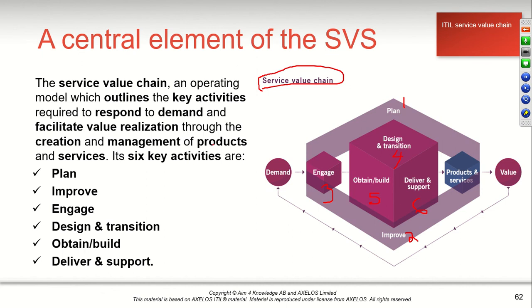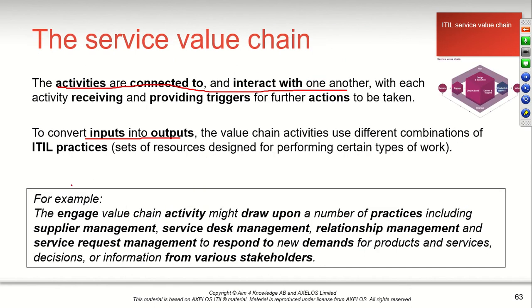From this side, you can see this is the input to our service value system. To be able to get to the outputs, you need the service value chain. So the service value chain converts the input into output through various activities which are chained together, or combined together.